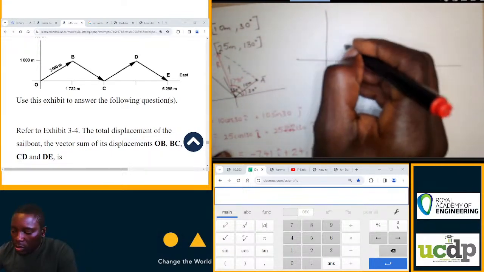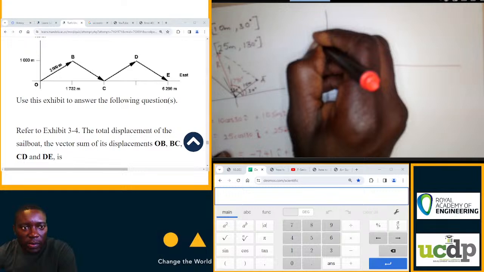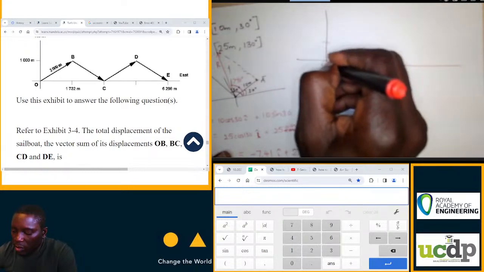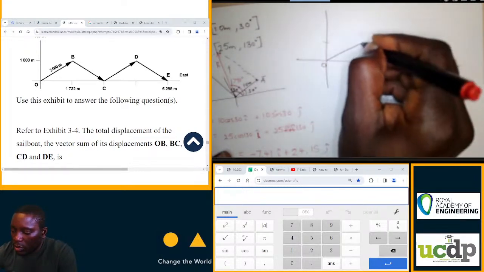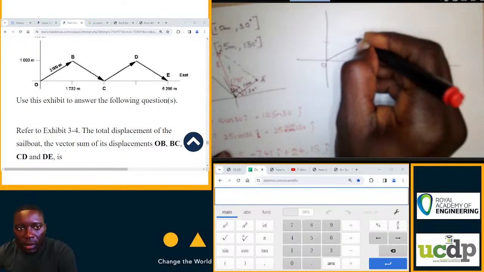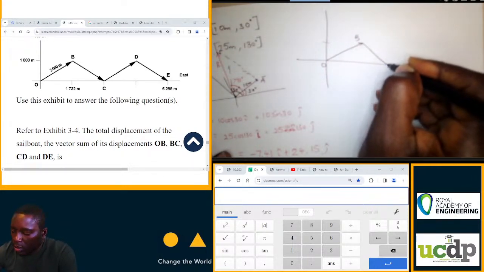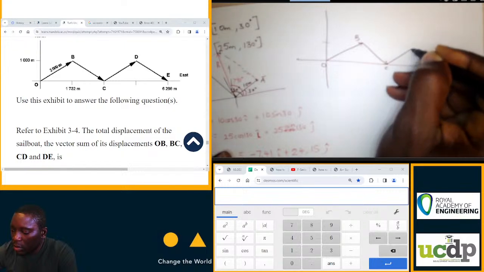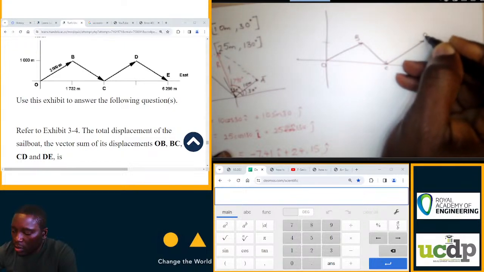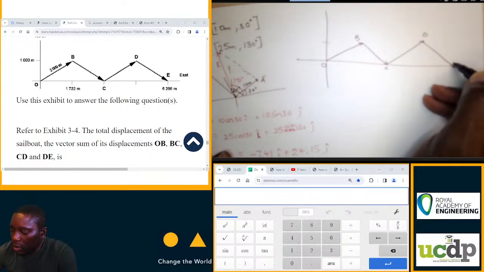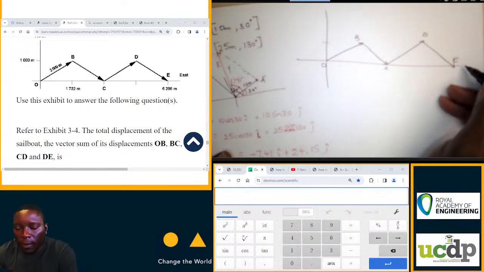So we are told that displacement from O, we have B, then B to C, C to D, and D finally to E. And this is the east.